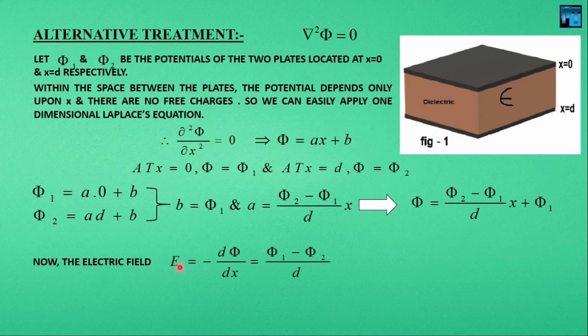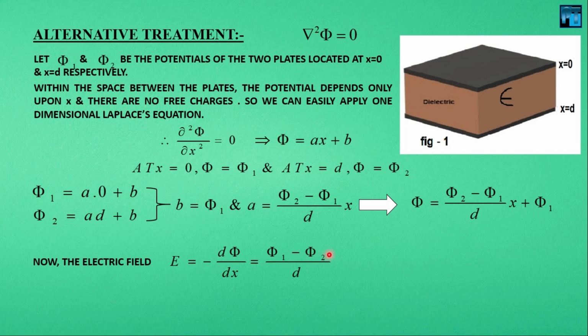Now E equals minus d phi dx. So differentiating this with respect to x, we have only phi 2 minus phi 1 by d, and this other term is 0. Now there is a sign change because of this minus sign; I have included it and made this quantity positive, thereby altering the 2 and 1.